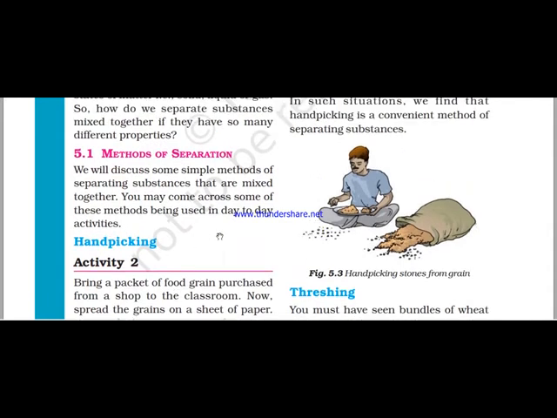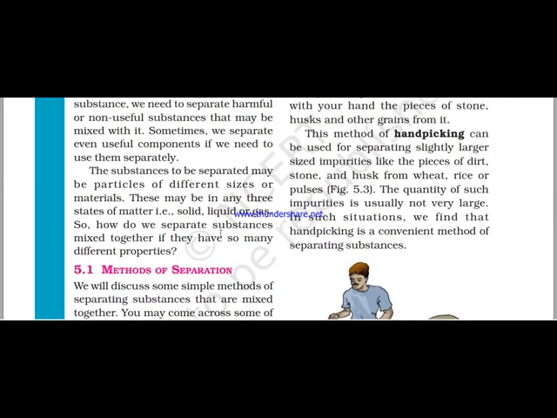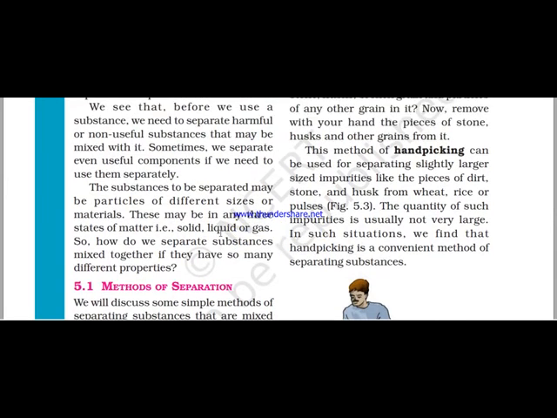Hand picking is the method of separation in which we separate the different components with the help of our hands. Right? The method of hand picking can be used to separate slightly larger sized impurities like the pieces of dirt, stones and husk from wheat, rice or pulses.